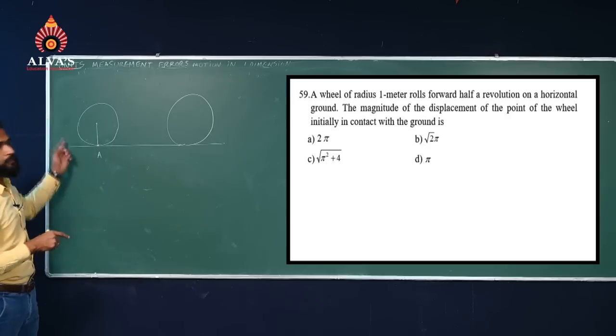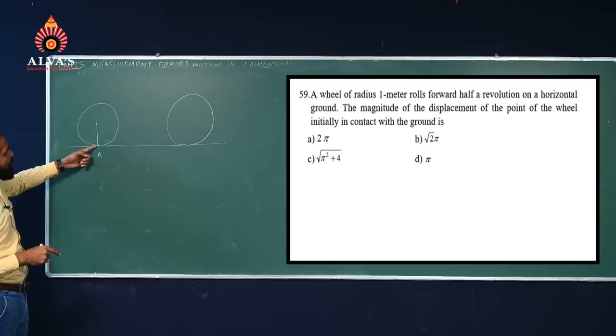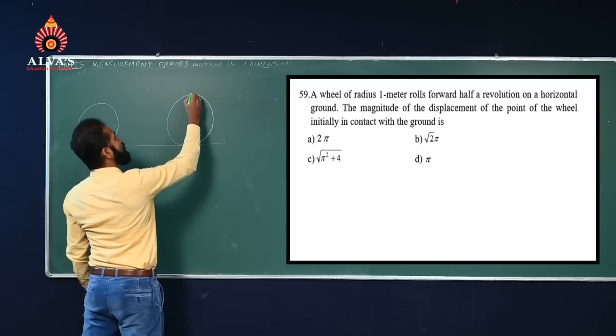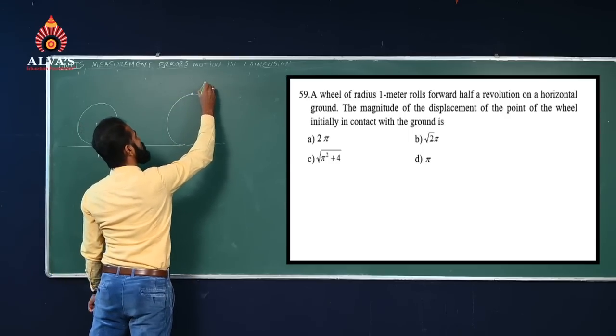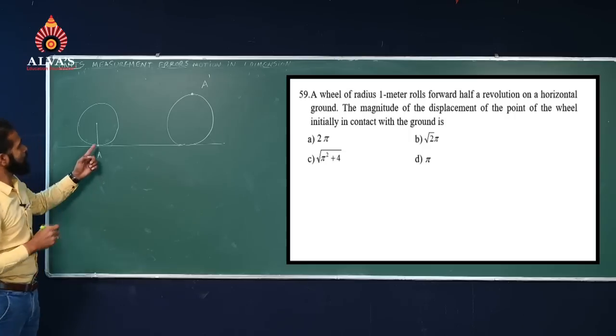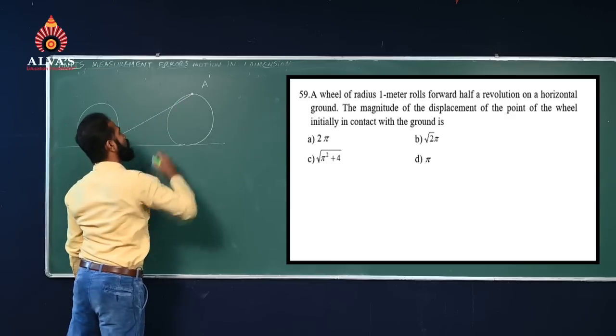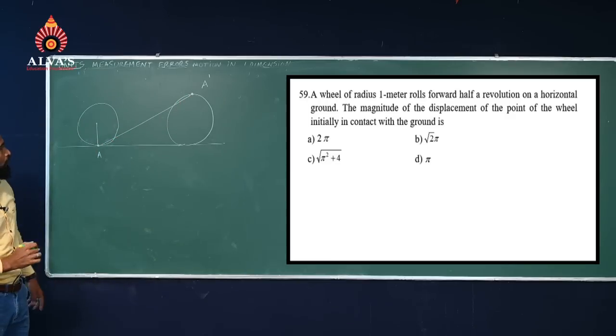So when it revolves for half of revolution, the point A, which is at the bottommost position, now reaches the topmost position. I'll call now this point A dash. So the point is shifted from A to A dash. So this displacement A to A dash has to be found out.